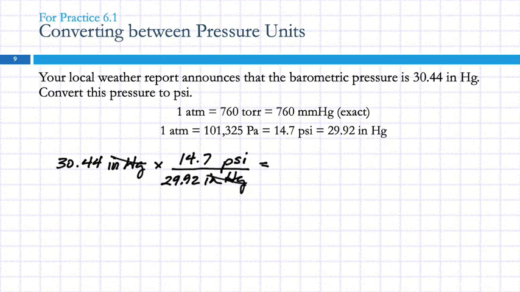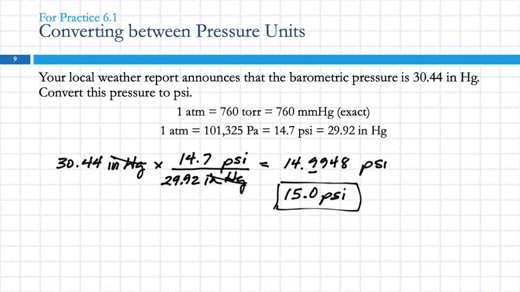Inches of mercury cancel out. 30.44 times 14.7 divided by 29.92. 14.95548. Here we're going to be limited by this 14.7. So we would call that 15.0 PSI. Any questions?